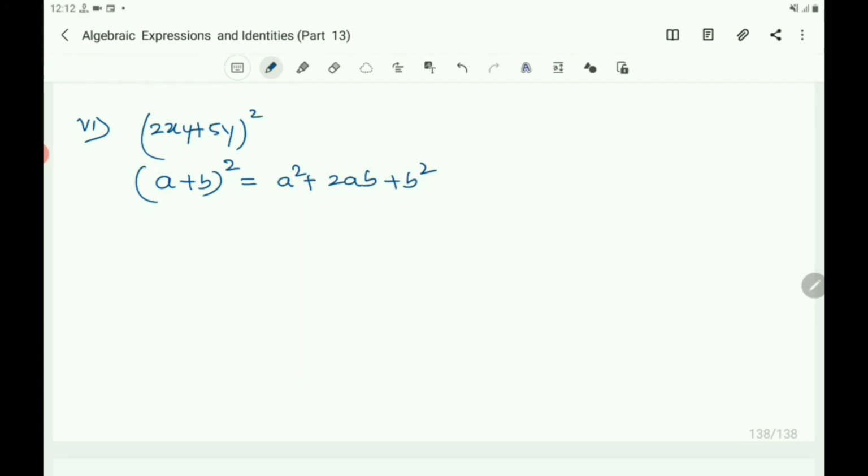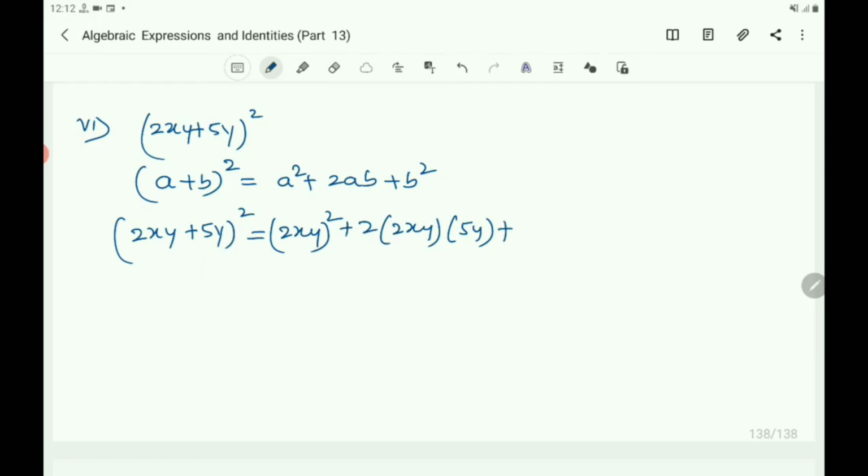Then you write 2xy plus 5y whole square equals a square, which is 2xy whole square, plus 2 into a, which is 2xy, b is 5y, plus b square, which is 5y whole square.